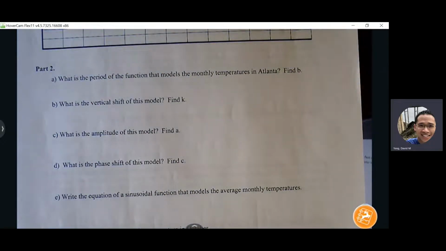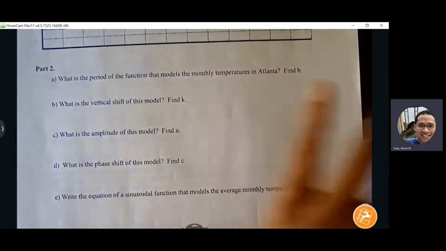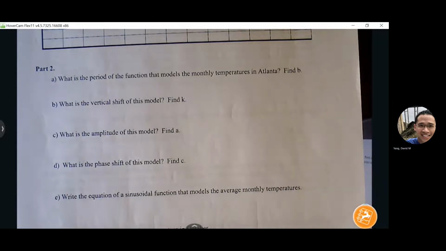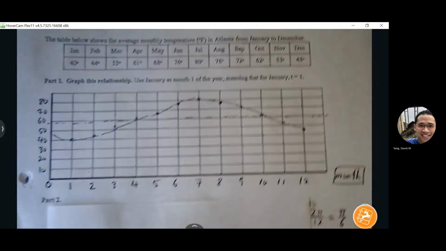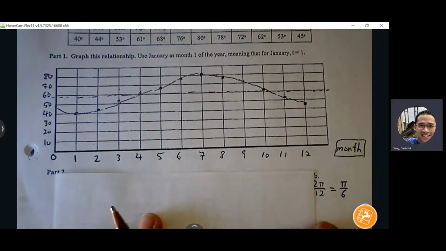Your graph may look a little more vertical than mine, but it's fine. Scale it however you want to. You don't have to do it my way.